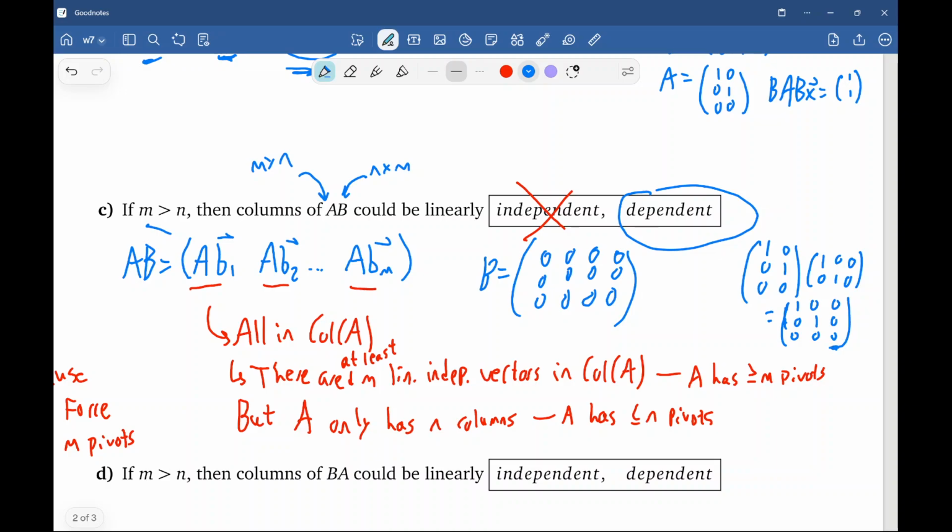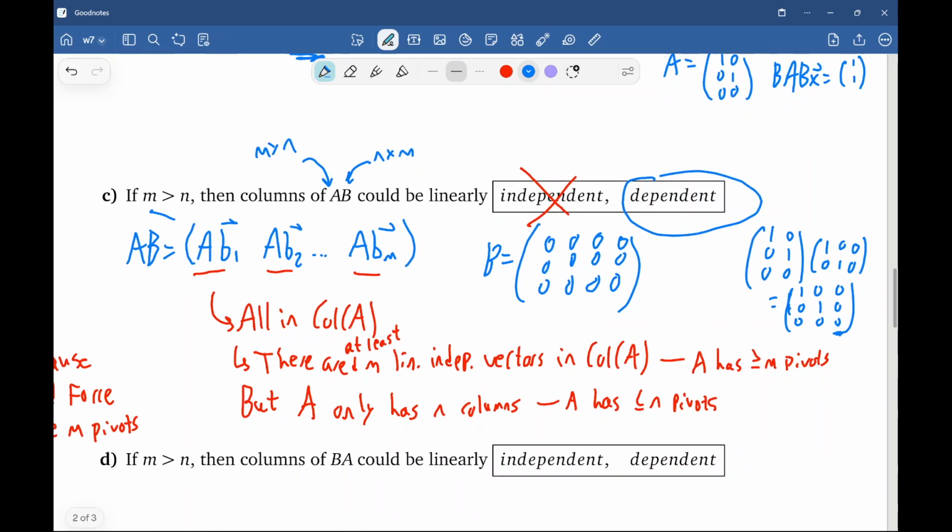Which is definitely linearly dependent. So you could have also worked out a few examples and seen that it's probably not going to work out. Okay.